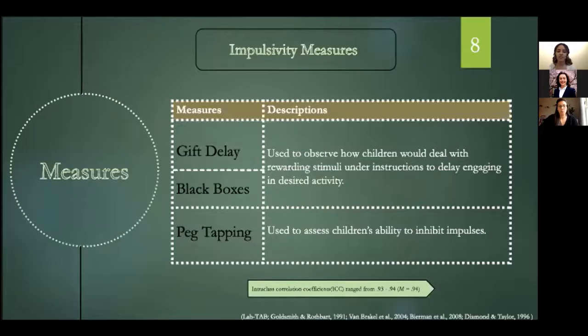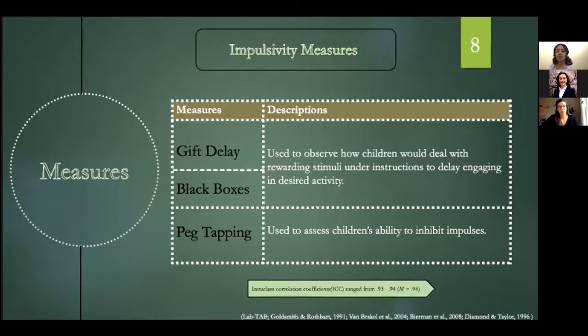For the gift delay task, children were presented with a gift and were instructed to refrain from peeking in the bag until after the experimenter retrieved the bow from another room. The wait time was about 3 minutes. Behaviors within those 3 minutes, such as peeking in the bag, touching the bag, or even pulling the toy out before the experimenter returned, reflected high levels of impulsivity.